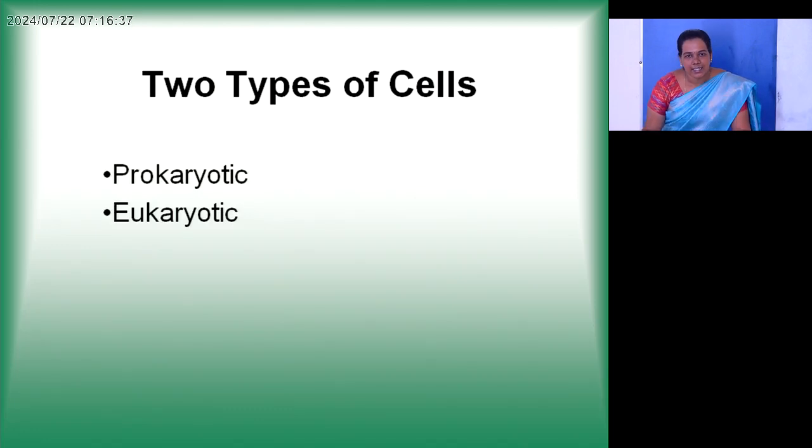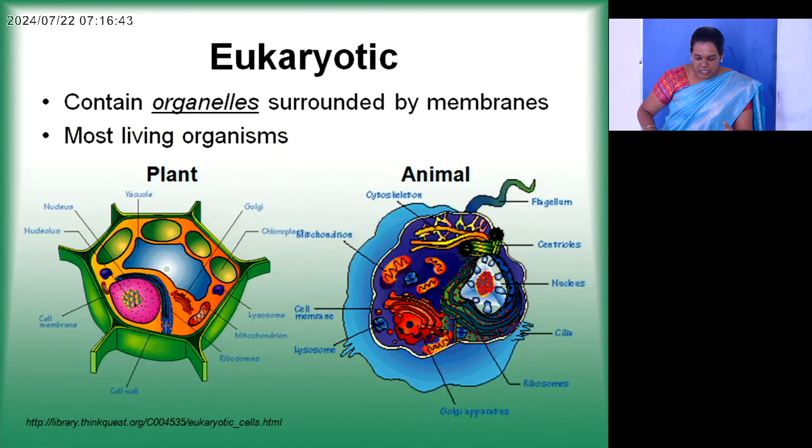Basically, cells can be broadly classified into prokaryotic cells and eukaryotic cells. In this session, we are going to focus on the eukaryotic cells. Eukaryotic cells contain organelles surrounded by membranes. Most of the living organisms like plants and animals have eukaryotic cells.